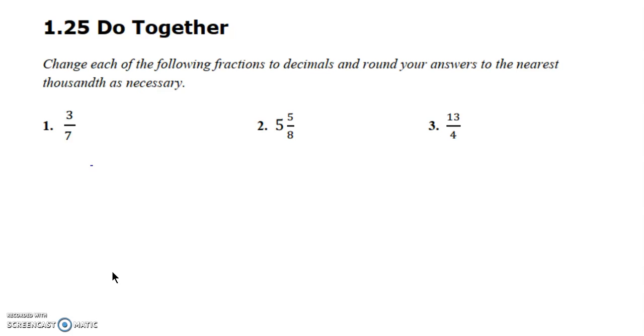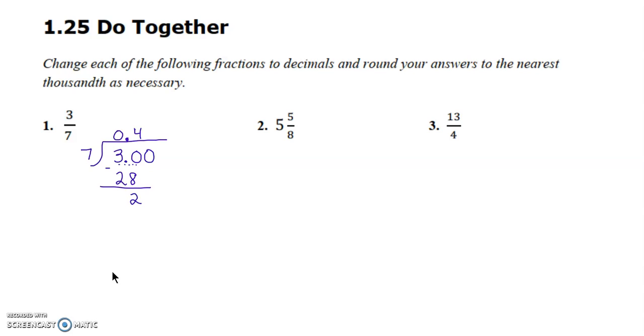So we're going to create our division. 7 is our divisor, 3 is our dividend. I'm going to put a decimal and a 0 and put that decimal lined up in my quotient. 7 goes into 3 not at all, but 7 does go into 30 4 times. 4 times 7 is 28, and we subtract 30 minus 28, which is 2.